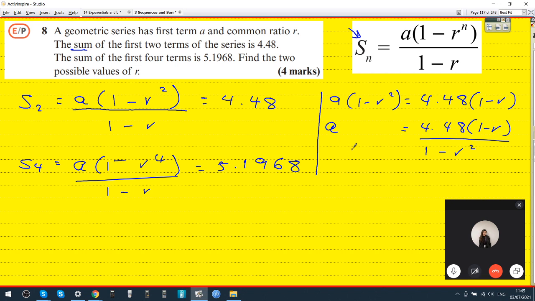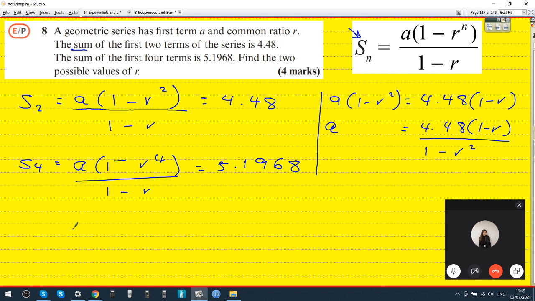How can we use that? Could we sub that back into the equation? Yeah, sub it into the other equation.